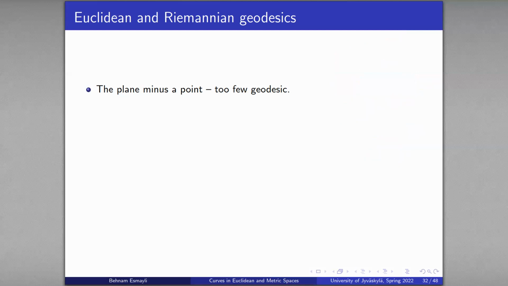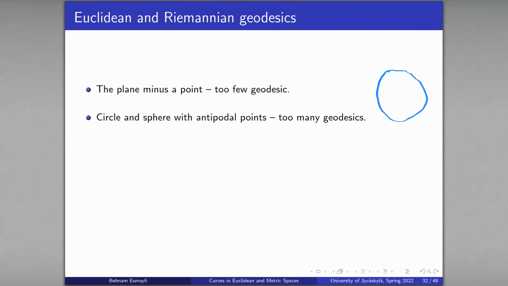Now let's look at another extreme. With the circle, we already saw that if you choose antipodal points, there are 2 geodesics connecting them. With the sphere, you have more room and more fun. If you pick the North Pole and South Pole, my picture will of course not be great.